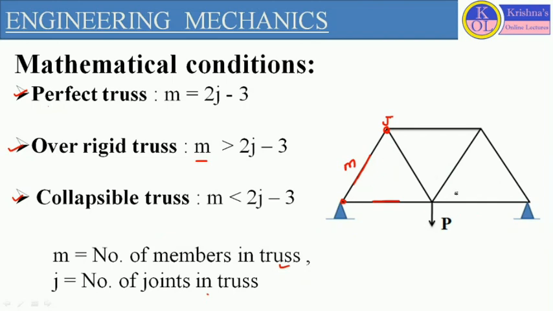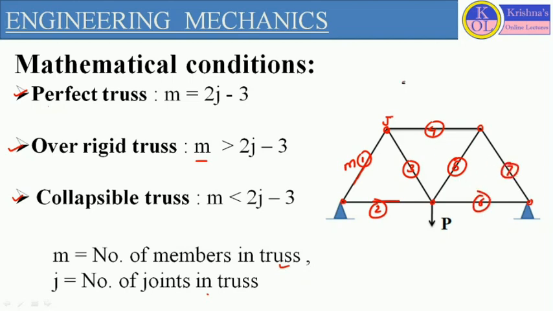Here we have this particular diagram where a number of members are joined by different joining methods. Each joint we will define by J, and every member is defined by a straight line. How many members do we have here? 1, 2, 3, 4, 5, 6, 7.